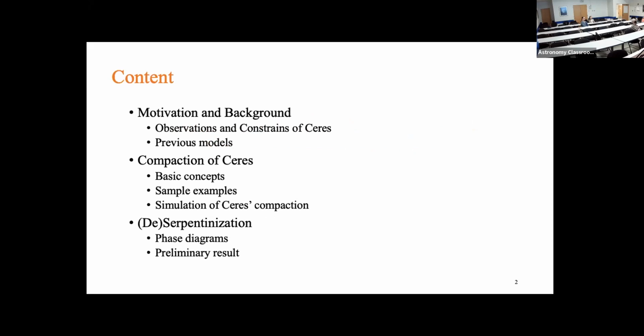Start with a comparison of two different approaches used by previous works and this work, and finally show a more complicated simulation of Ceres compaction. And finally, I will talk about the differentiation process and the primary results coupled with compaction.